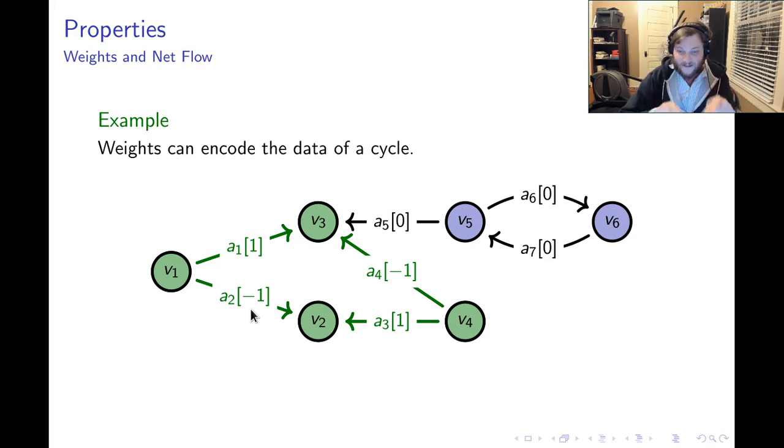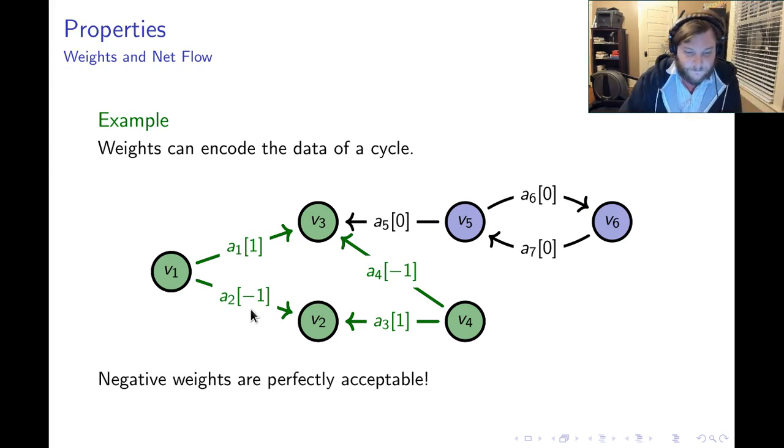So the weights inside of this particular digraph are communicating something geometric about the directed graph, namely the path I took when I cycled from V1 back to itself. And one thing to learn from this example is that negative weights are perfectly acceptable. There's nothing wrong with me saying that the weight on the arrow A4 is -1 here. It's useful for me to do it, so we allow that to happen.